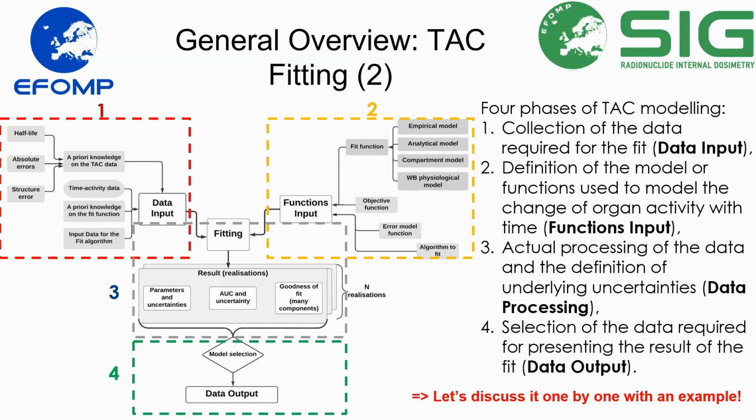The third one, in gray, is the actual processing of the data and the definition of underlying uncertainties, or the data processing. Last but not least, the fourth phase, in green, is the selection of the data required for presenting the result of the fit, or the data output. Let's discuss it one by one with an example.